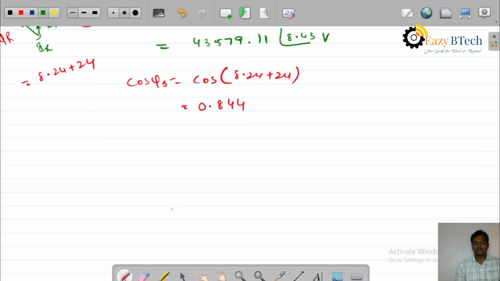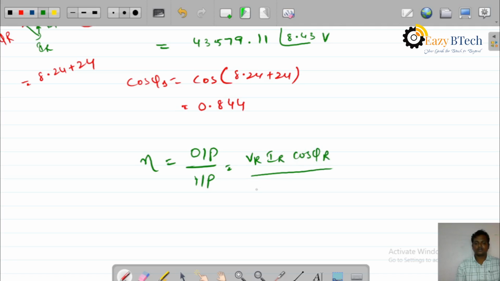Now we will go to the calculation of efficiency. Efficiency is output by input. Output is VR IR cos phi R. Input is VS IS cos phi S, into 100. All the terms are known, so no need to go for output by output plus losses. If you want, you can go through that, but here all the terms are there. That's why I am calculating efficiency directly from this formula.